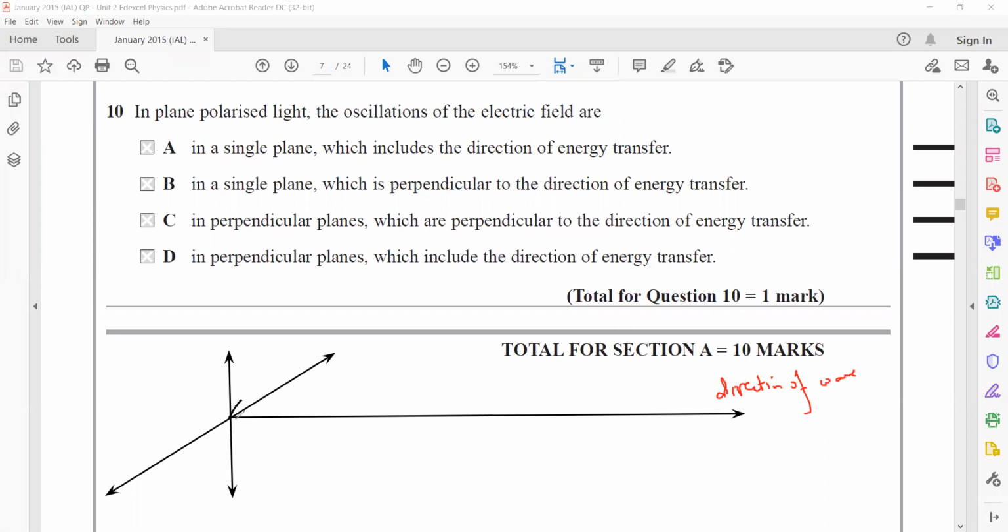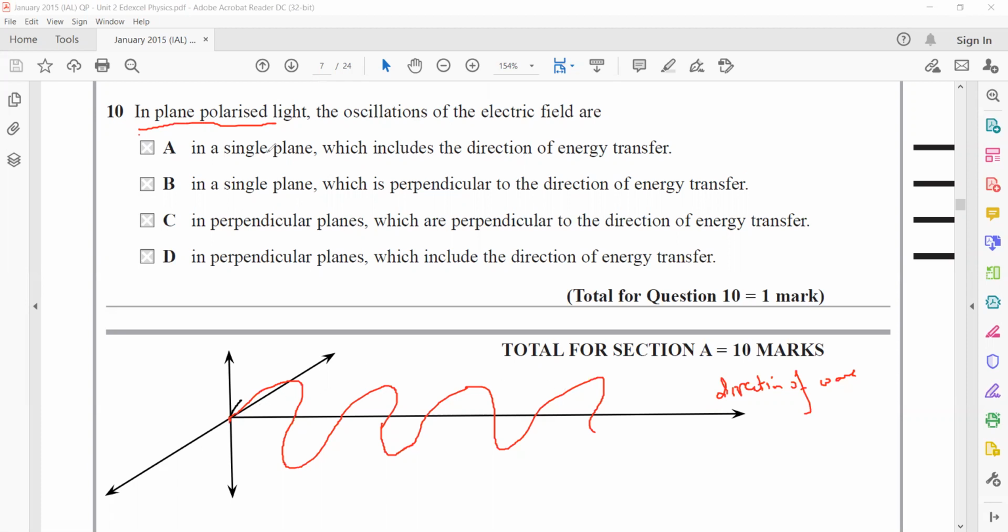the direction of the wave or energy transfer, it is in the plane which includes the direction of energy transfer. So in plane polarized light, the oscillations of the electric field are in a single plane, and that plane includes the direction of energy transfer.